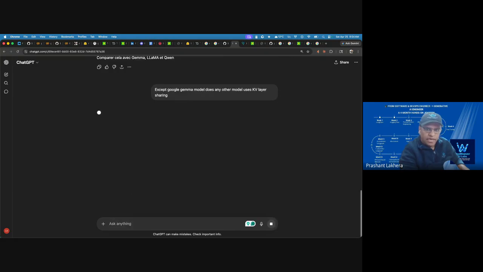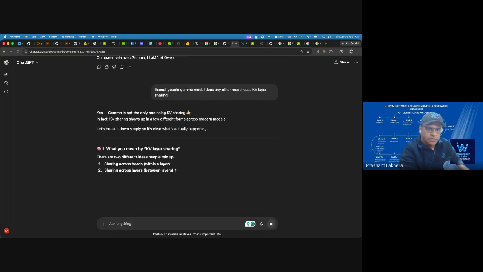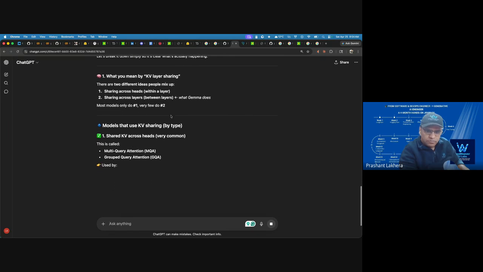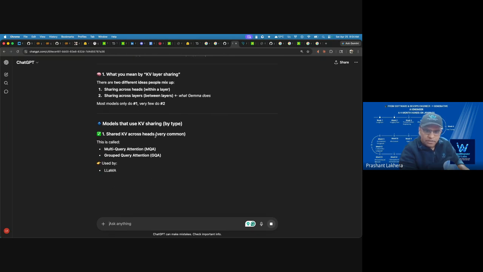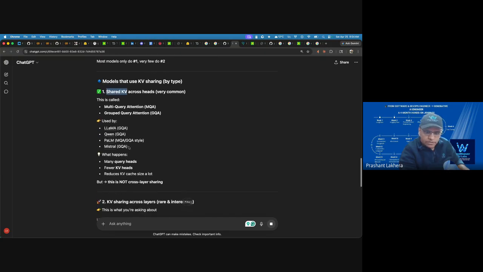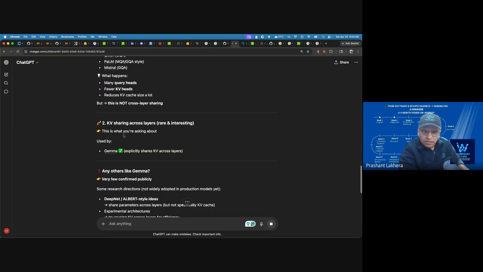I am not aware of any other model using this concept of KV layer sharing. Oh, they're talking about shared KV, which is a different thing. Yeah, rare and interesting. Gemma is the only one using this concept. So just remember that this is specific to Gemma. The other concepts we have read can apply to any model.